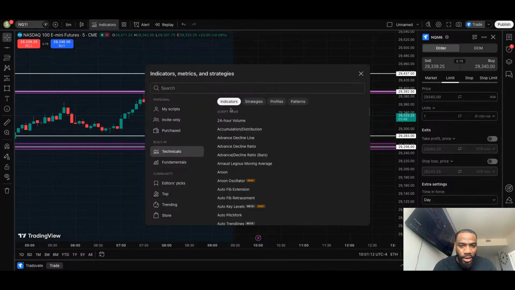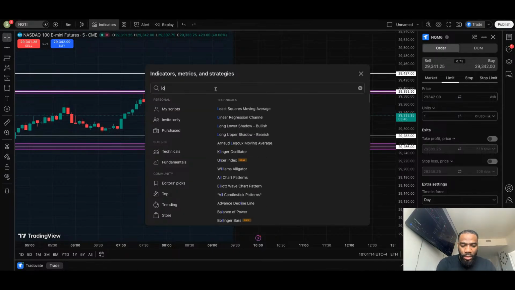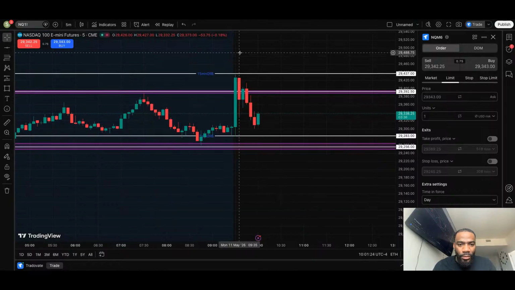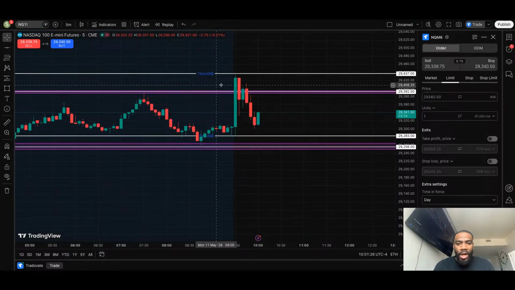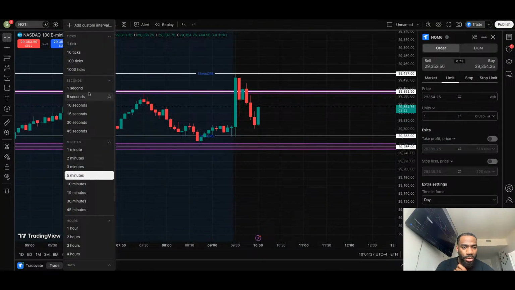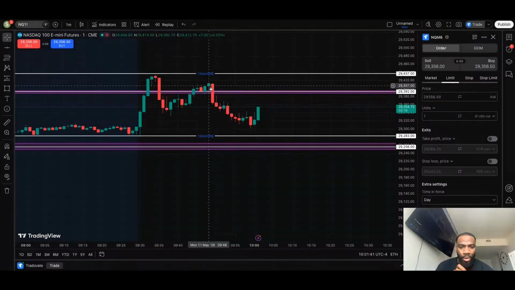Let's see if I can find this indicator. I don't know if it's gonna let me do it on this. Is this it? All right, so I like this candle because I know we just approached.